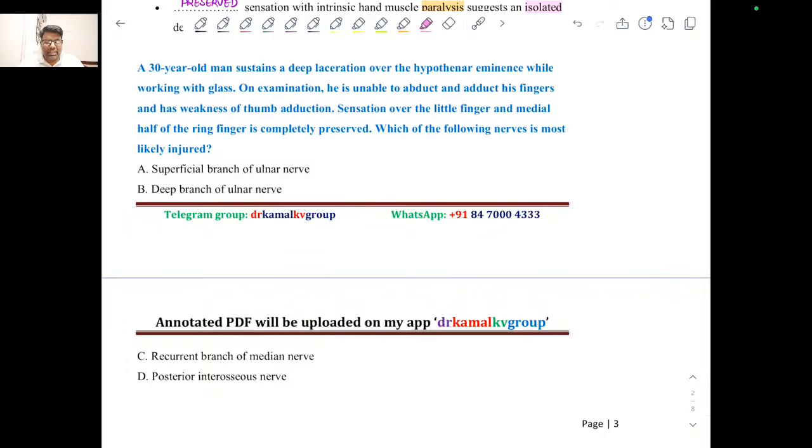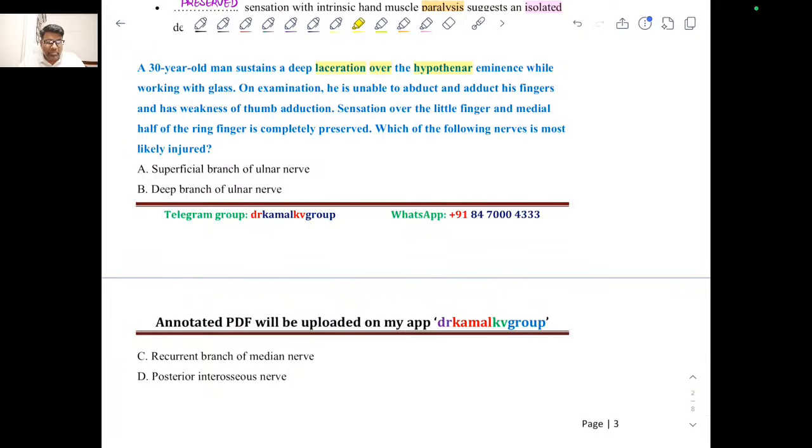So one of the questions is, a 30-year-old man sustains a deep laceration over the hypothenar eminence while working with glass. Okay, so there is a laceration over the hypothenar eminence because of a glass injury.